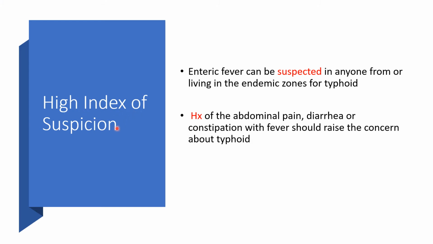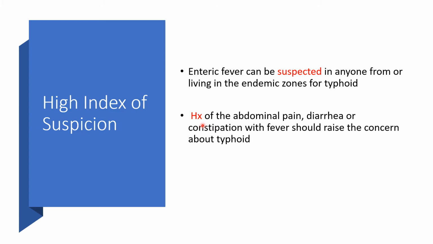High index of suspicion. Someone will ask, how can you make the diagnosis of typhoid fever just with high index of suspicion? Okay, let's go through it together. Enteric fever should be suspected in anyone that is coming from or living in the endemic zones for typhoid.